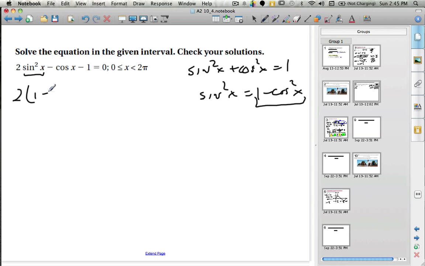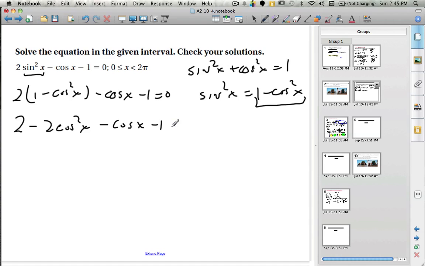So I'll have 2 times 1 minus cosine squared x minus cosine of x minus 1 is equal to 0. So this would be 2 minus 2 cosine squared x minus cosine x minus 1 is equal to 0.